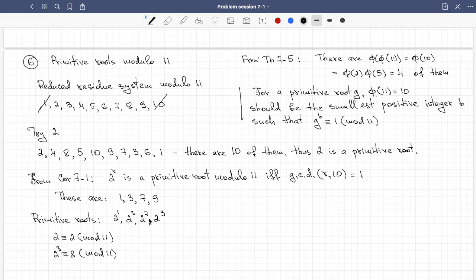2 to the 7. How to calculate? 2 to the 6 is 8 times 8, 64. It's 9 modulo 11. Times 2, 18, 7 modulo 11.